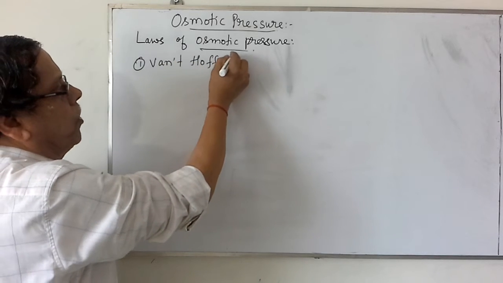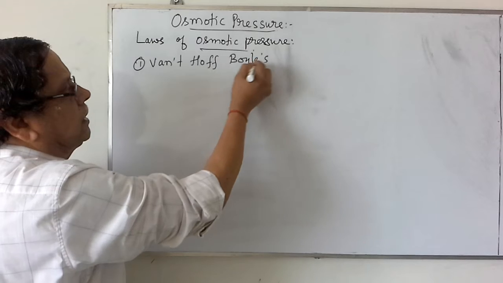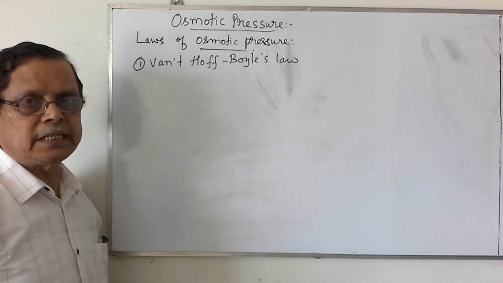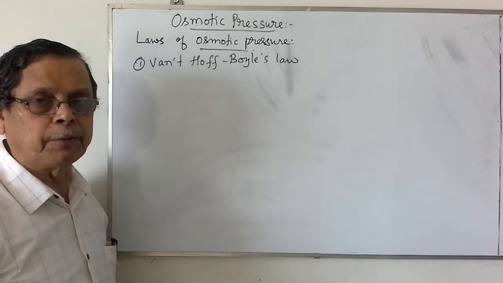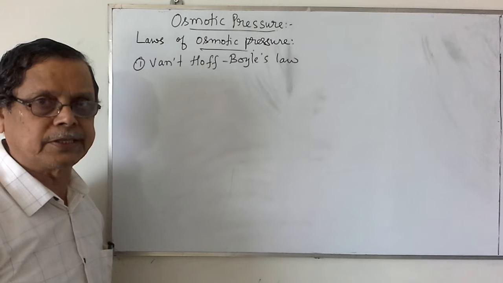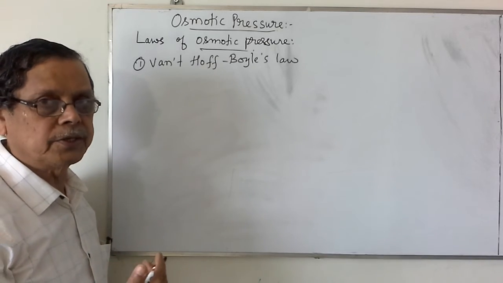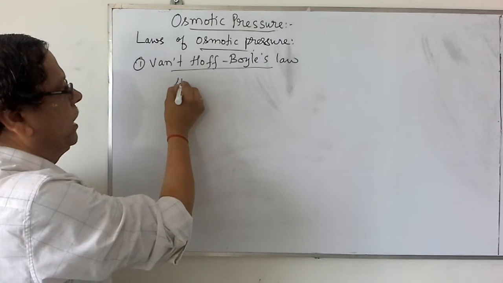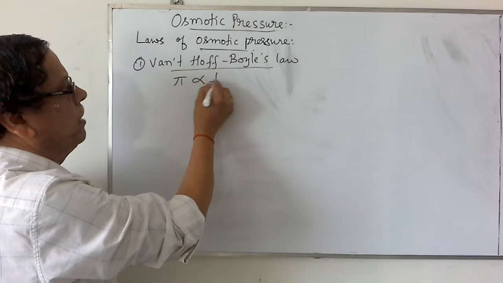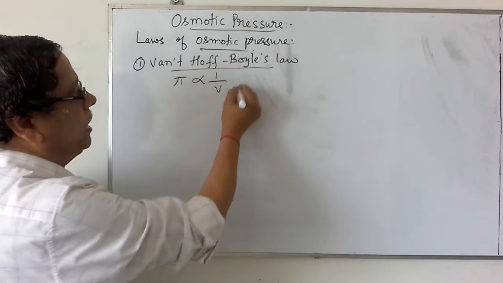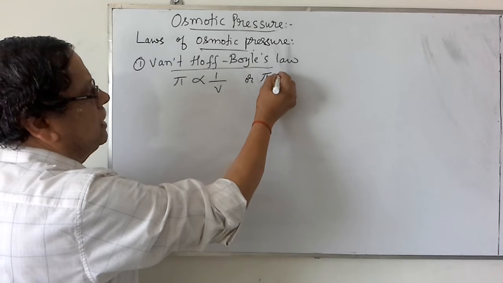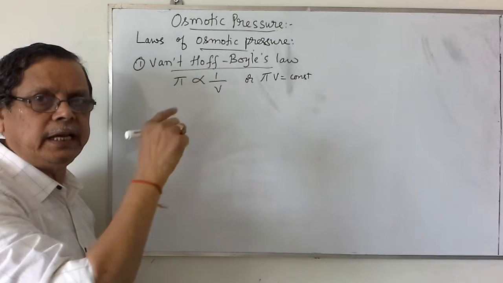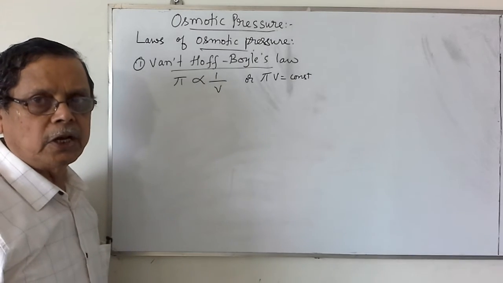Van 't Hoff-Boyle's law. We know that Boyle's law states that the pressure of the gas is inversely proportional to volume of the gas. As the pressure increases, volume decreases. In a similar way, we can write this Van 't Hoff-Boyle's law. The osmotic pressure of a dilute solution is proportional to 1 by V, or we can say pi V is a constant, where V is the volume of the solution containing 1 mole of the solute.